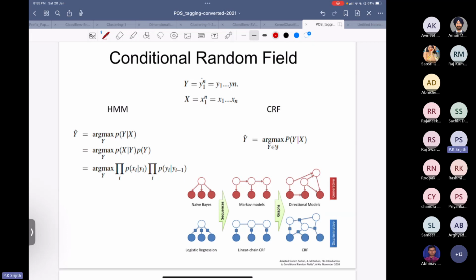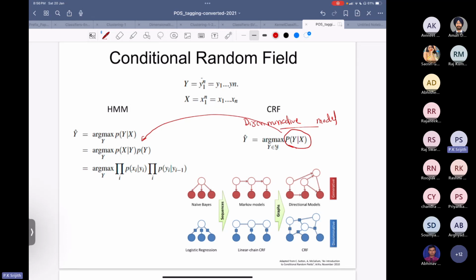So as I said before, CRF is a discriminative model. In a discriminative model, we try to directly model the probability of y given x without considering the decomposition into p of x given y times p of y.